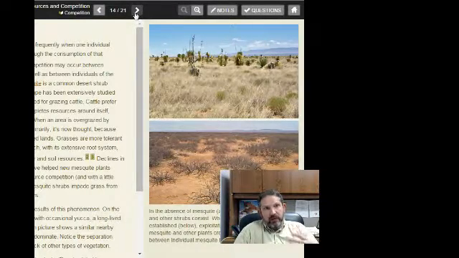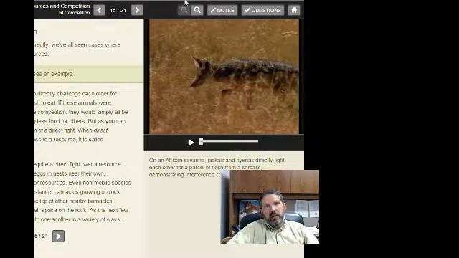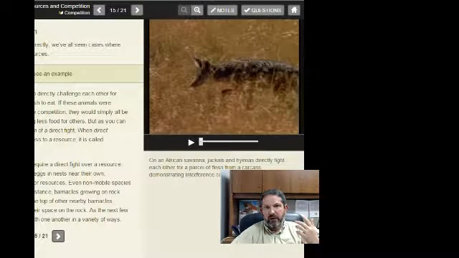So sometimes populations hit that carrying capacity, sometimes they don't. And if they're below carrying capacity, then competition might not be the limiting factor, either in where they live or in their numbers, okay?